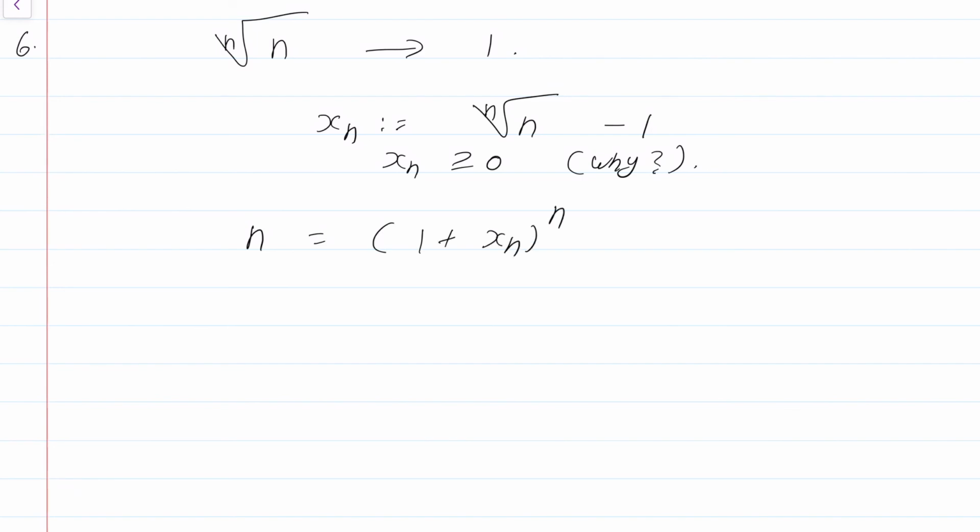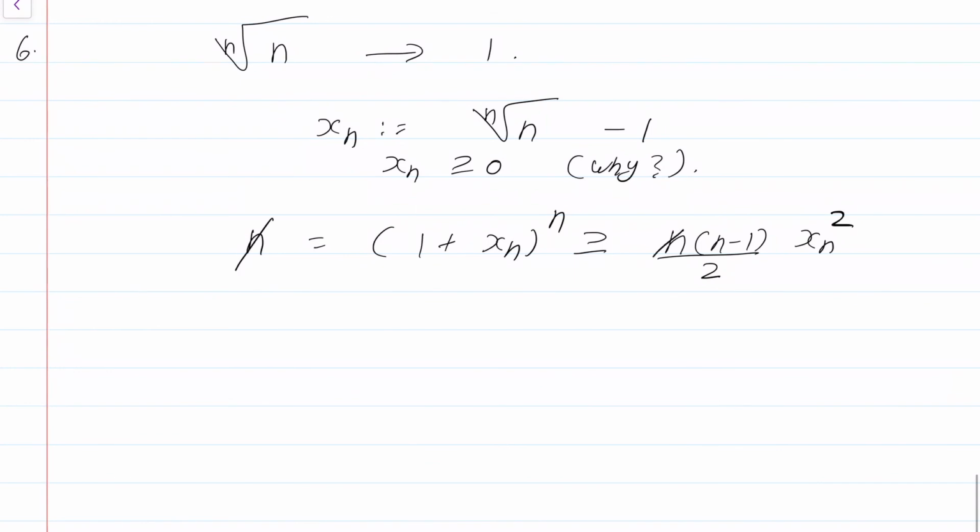And now we expand this by binomial theorem. We will have many terms. I am interested in only one of them. This will be greater than or equal to n into n minus 1 by 2 times xn square. Right? Now, since n is greater than or equal to this, we can cancel off the n, and we'll get n minus 1 by 2 xn squared is less than or equal to 1.